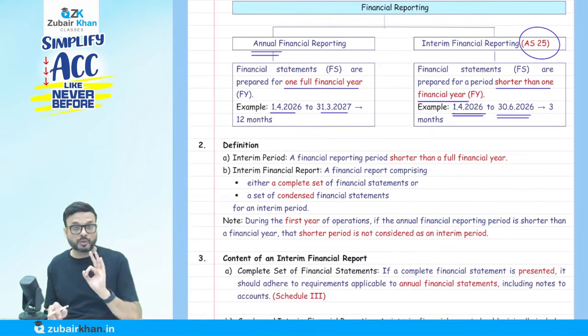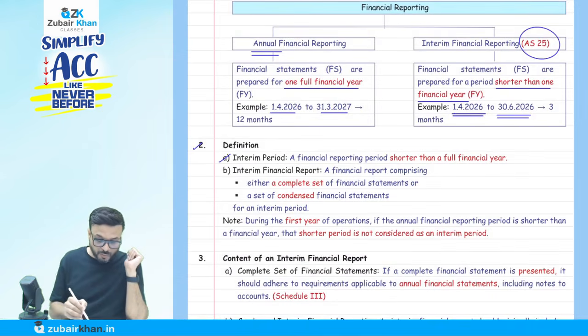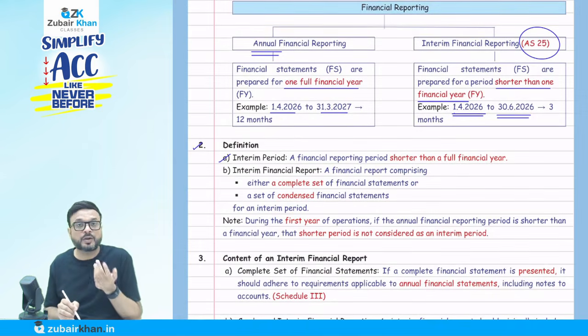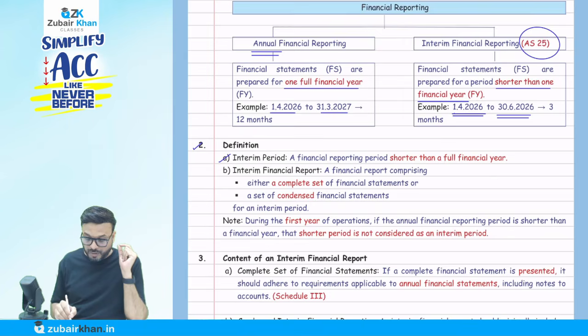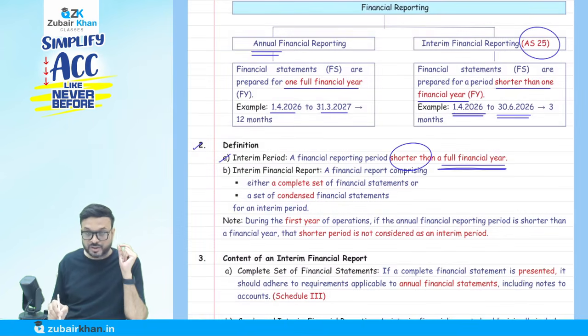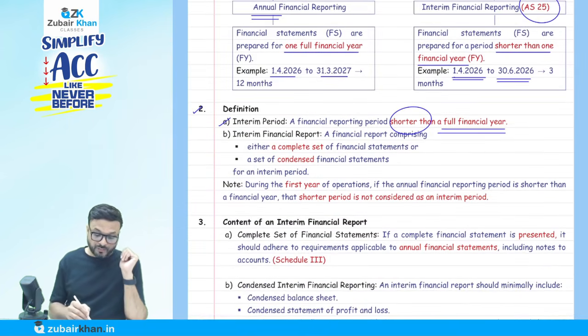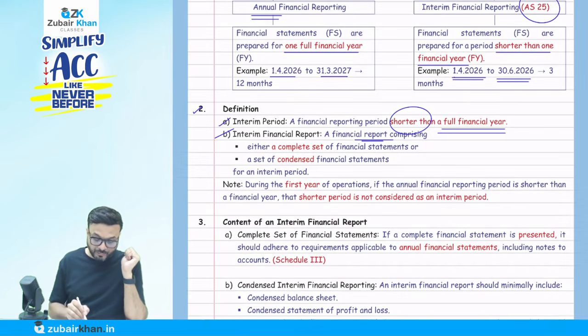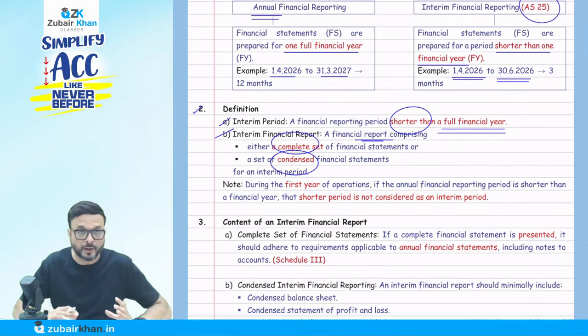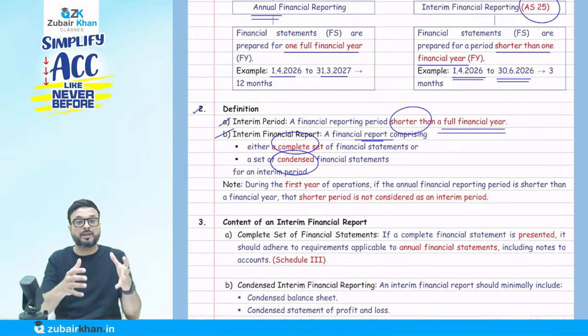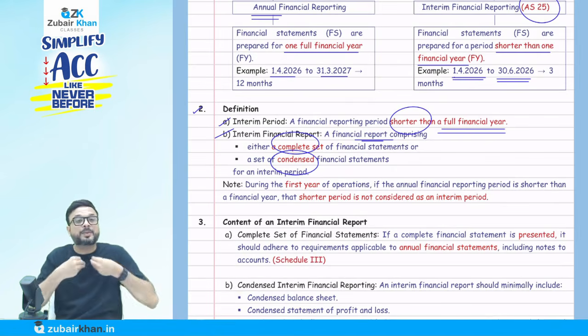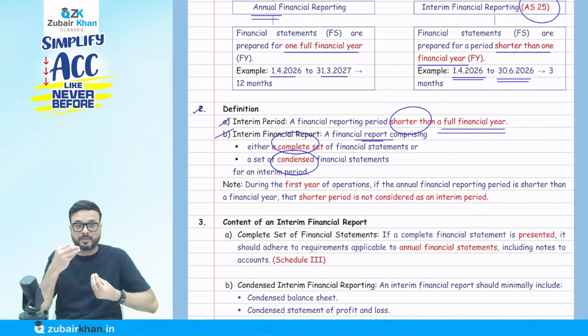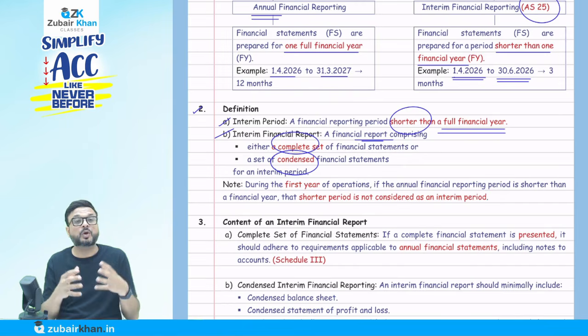Now two things. First definition: what is interim period? As I already told you, a financial reporting period which is shorter than a full financial year. What is an interim financial report? A financial report comprising either a complete set of financial statements or a condensed set. So we will see that now. When we prepare interim financial reporting, we are going to present the financial statements, the P&L account and balance sheet, but not for the whole year.